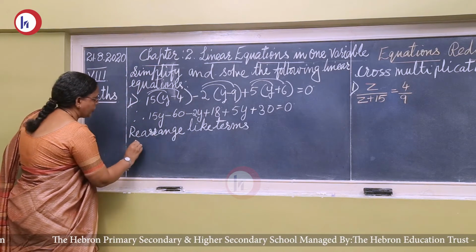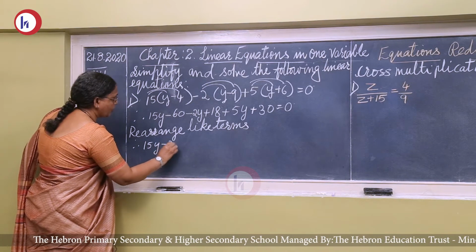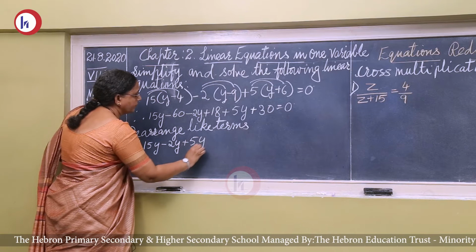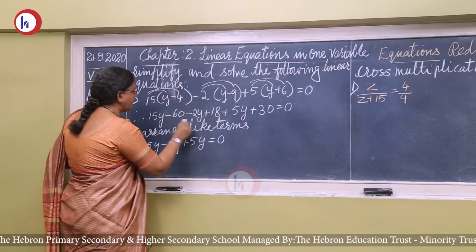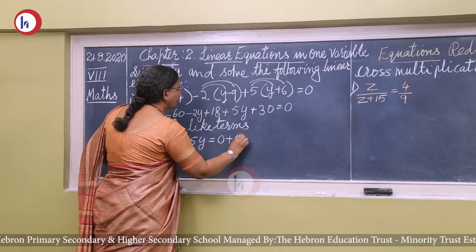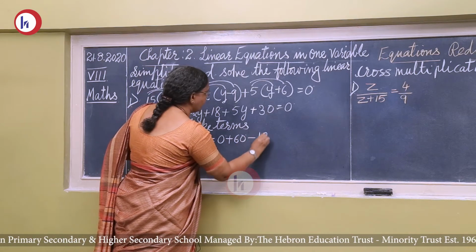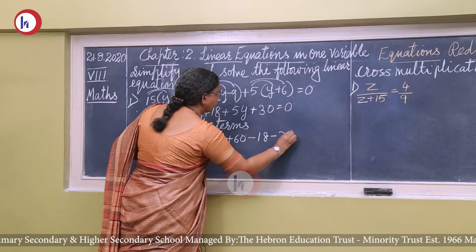So, rearranging means here 15y minus 2y plus 5y is equal to 0, and constants go to that side. So, here minus 60 will be plus 60, and again plus 18 will change into minus 18, and plus 30 will change into minus 30.